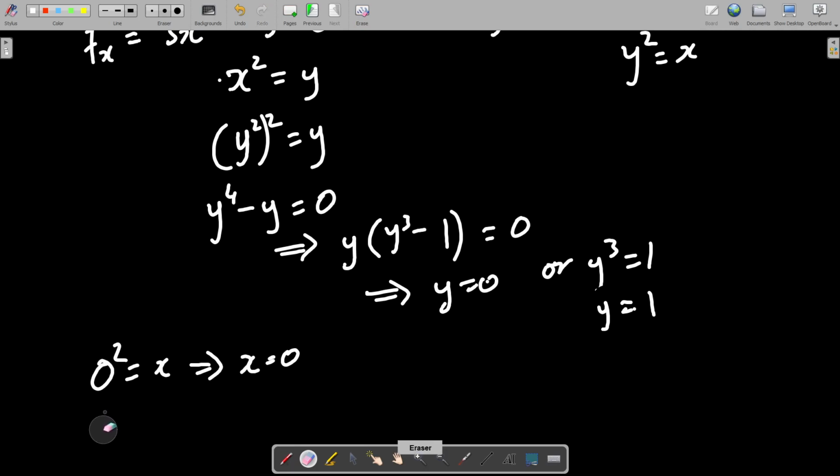So 1 square is equal to x. It will be 1, and this will imply that x is also equal to 1. Okay. So what are the points we get?